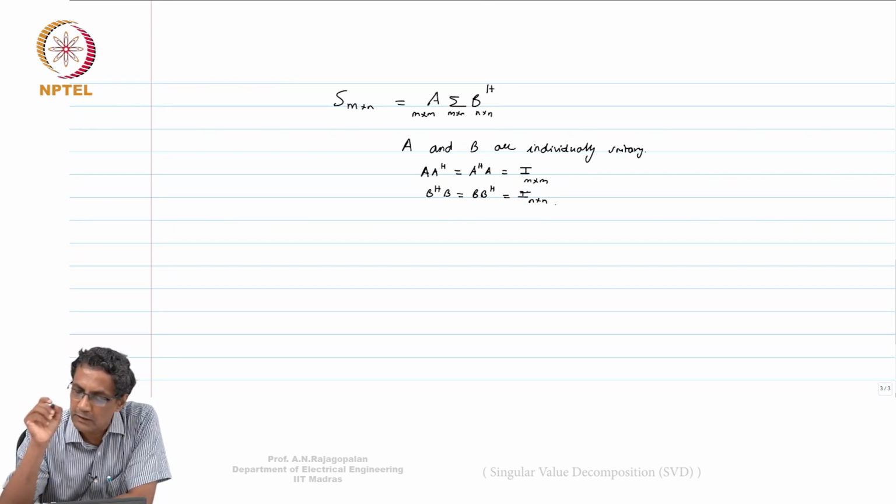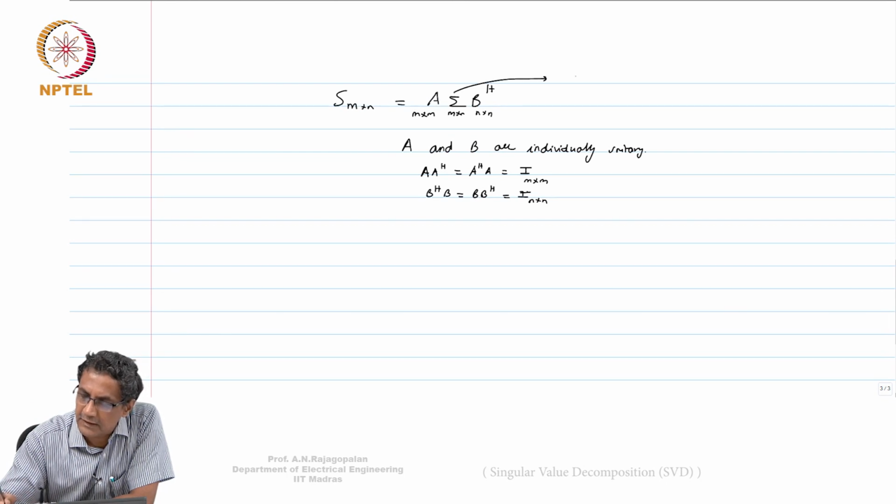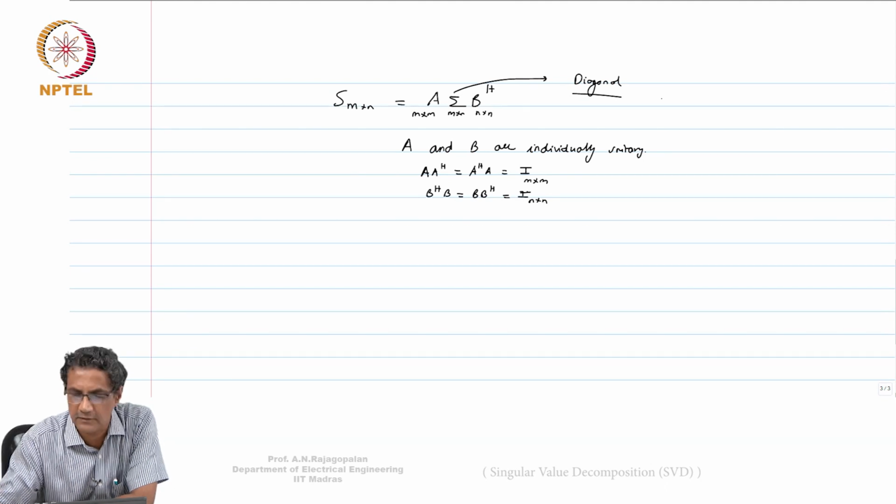Now this guy is called kind of diagonal, even though it's not really square, but we call this a diagonal matrix because of the way it is structured.